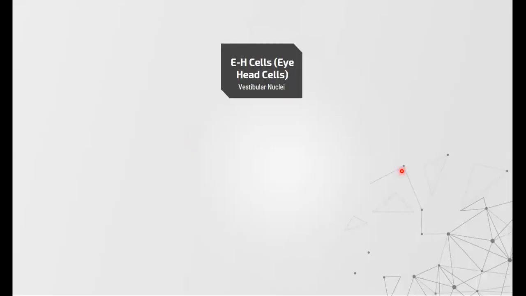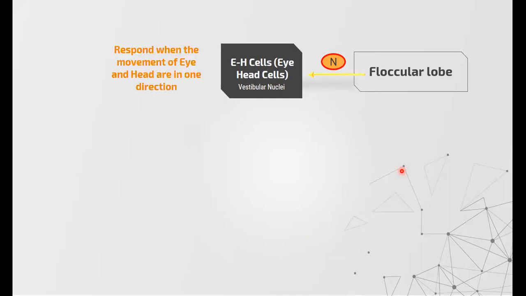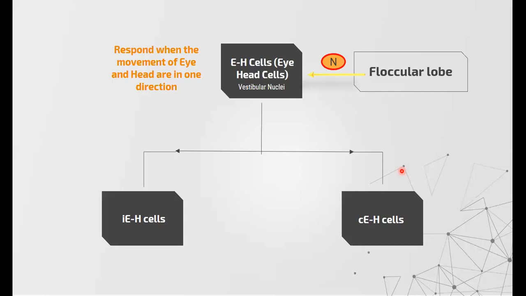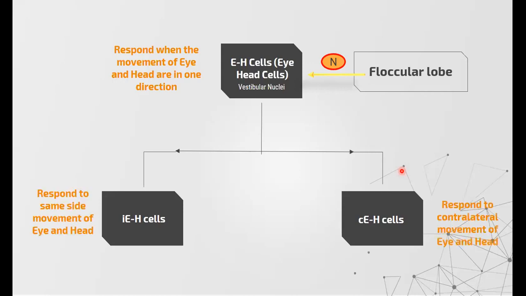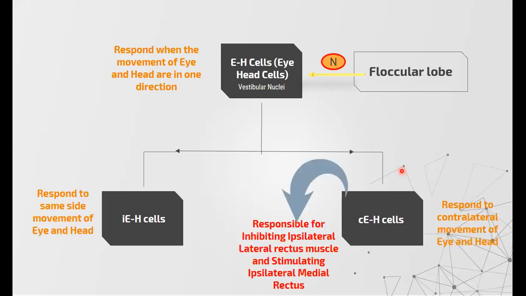So what happens in the vestibular nuclei? The vestibular nuclei have two kinds of cells, known as eye head cells, and eye head cells are of two types: ipsilateral eye head cells and contralateral eye head cells. We will not go into detail, but the function of the contralateral eye head cell is very important. When I turn my head to the right side, my eyes should move to the left side, correct?